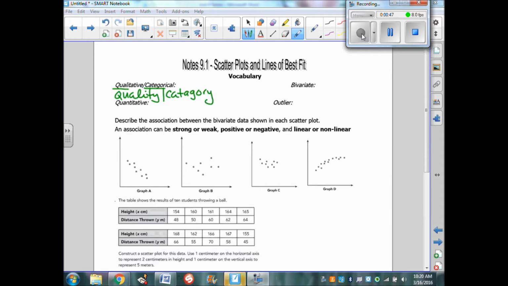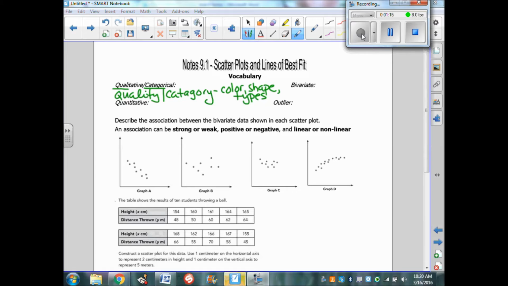If you were to categorize something or talk about its qualities, you might talk about its color, shape, different types of items, cars, different car types. Nothing to do with numbers, in other words.